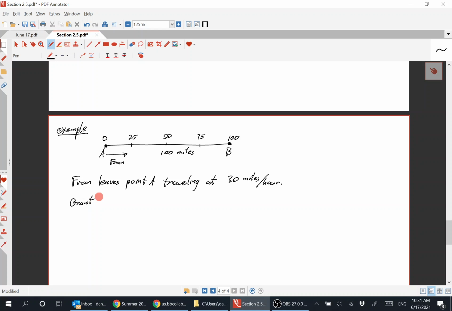Grant leaves point B traveling at, we'll say 25 miles an hour, in this direction, 1/2 hour later.